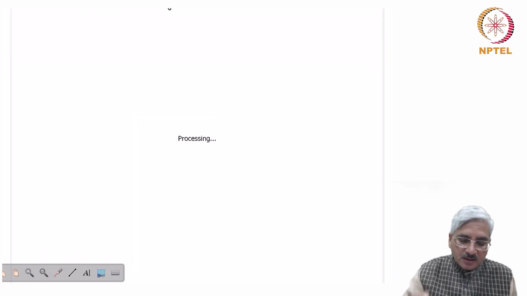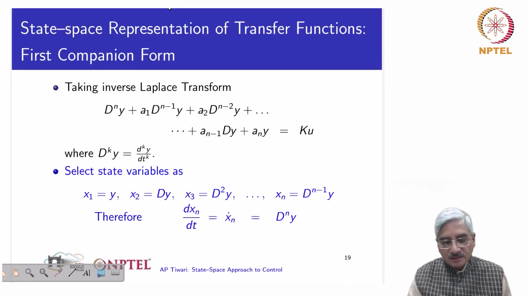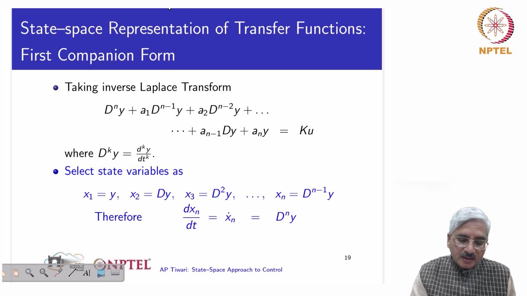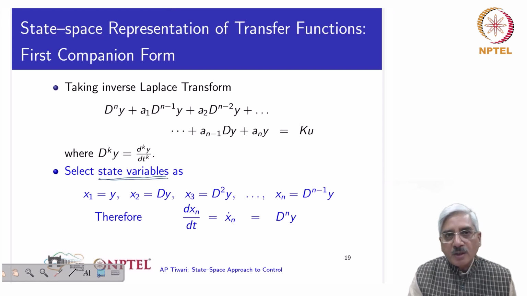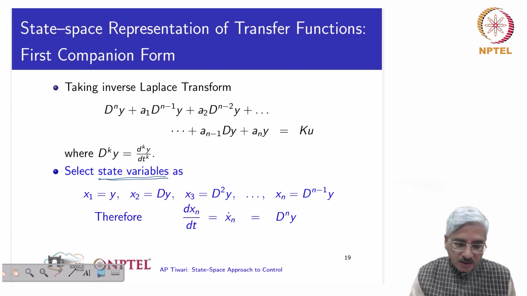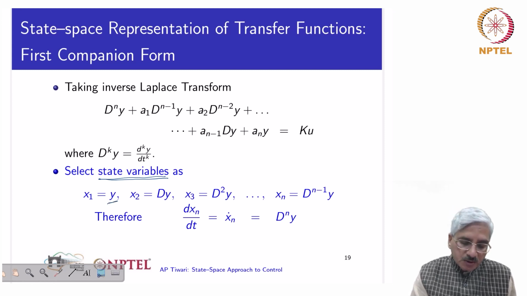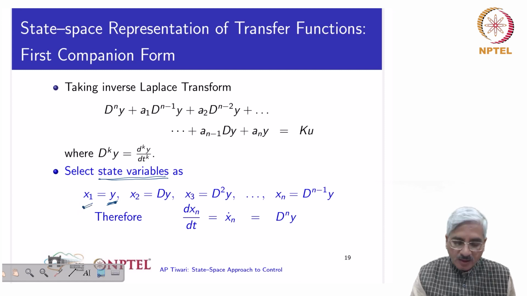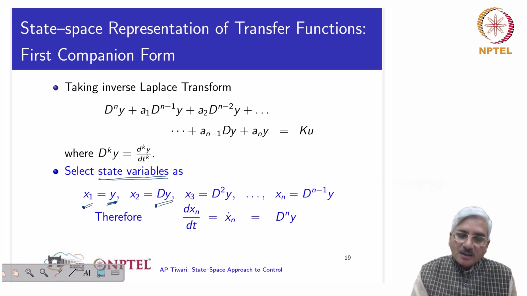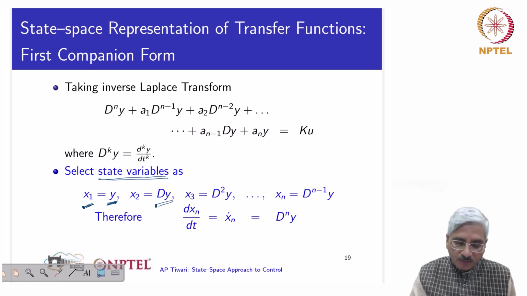Once we have done this, the next step is to select the state variables. In the companion form representation, the state variables are the output and its derivatives. The output is selected as the first state variable, and the next derivatives are considered as the next state variables. So the first state variable is taken as the output itself, x1 equal to y.